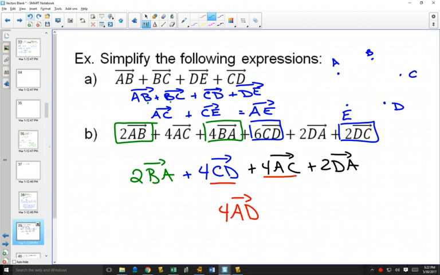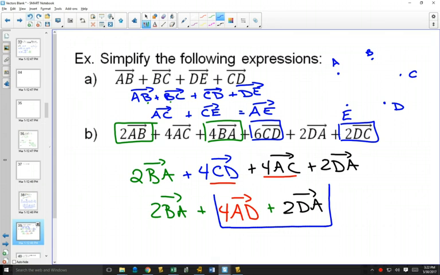And then you would still have this 2BA to start with, and then you'd still have this 2DA at the end. See, those will cancel out.